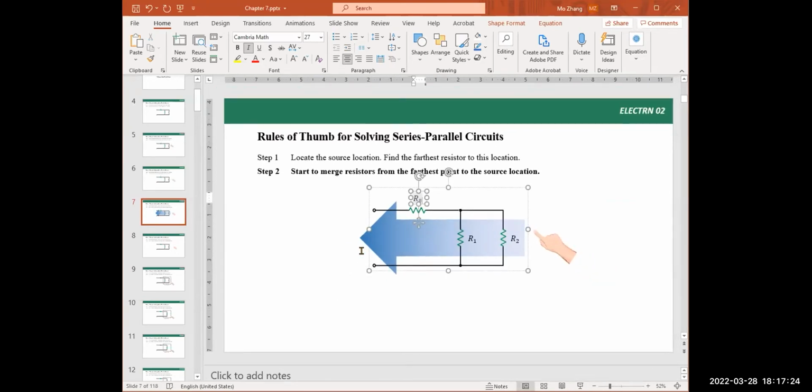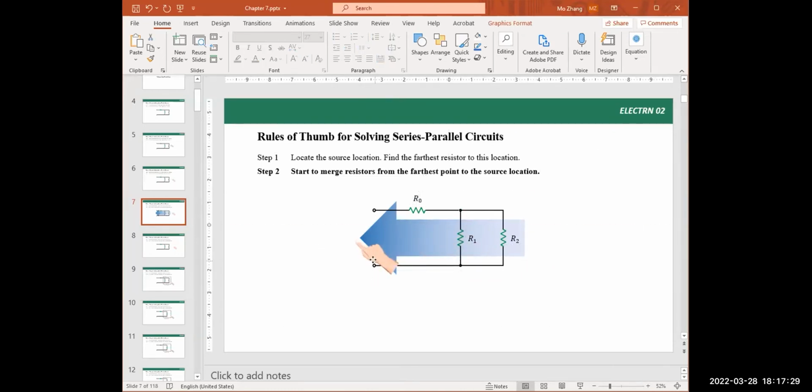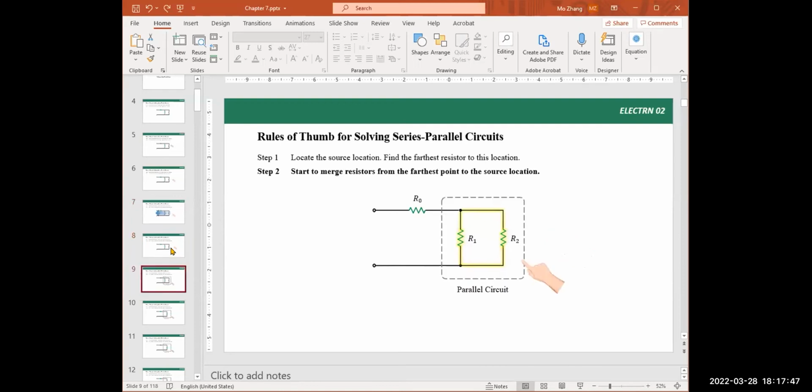This is the direction. Again, know where the source location is, move to the furthest point from it, and then merge all resistors from the starting point towards the source. Later we have examples. Here we first merge R1 and R2, which becomes RP, and then keep merging from RP towards the left. The next resistor it combines with is R0.